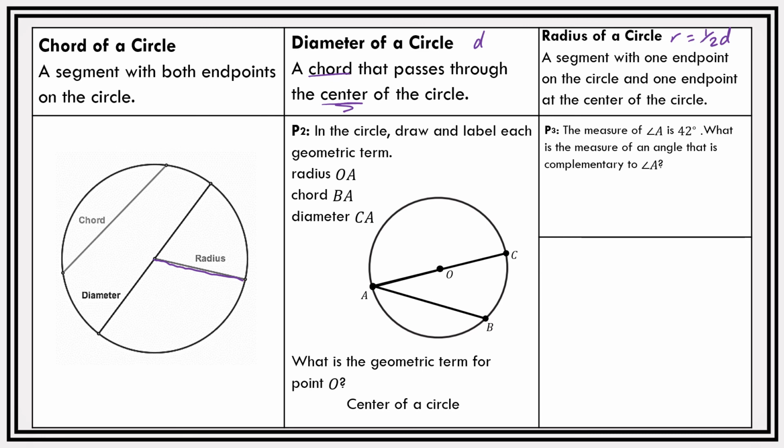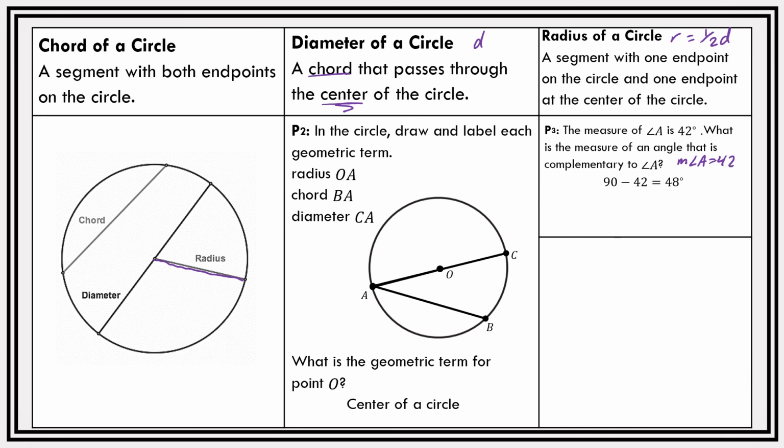P3. The measure of angle A is 42. So I'm going to write this like this. Another way to say that is measure of angle A is equal to 42. Okay. What is the measure of an angle that is complementary to angle A? So we can do 90.